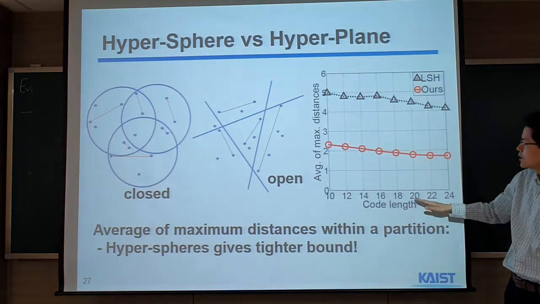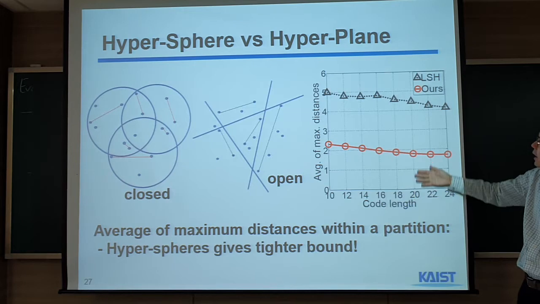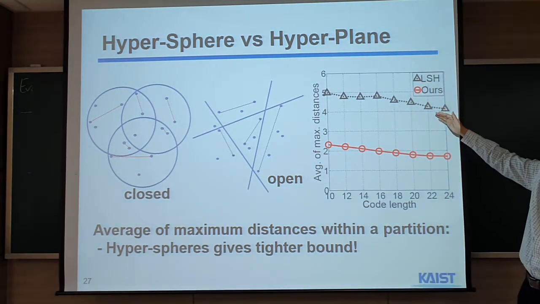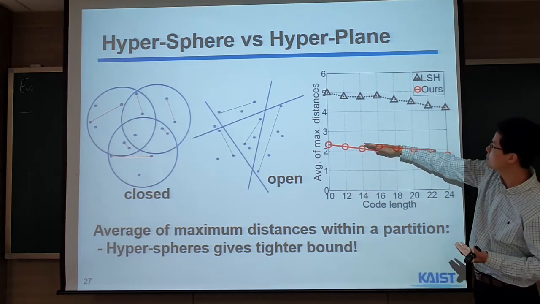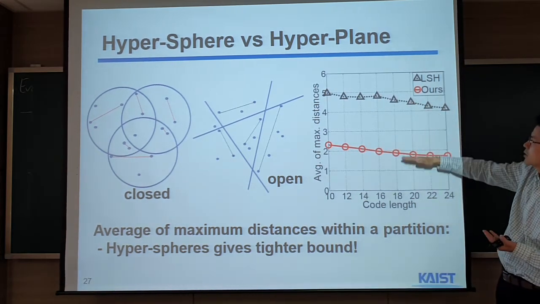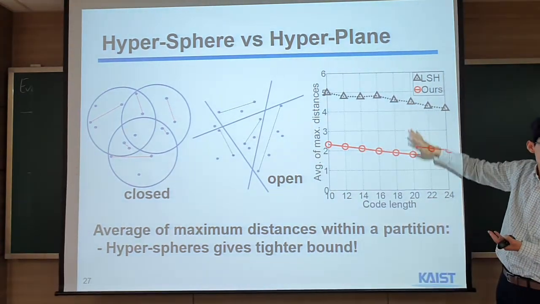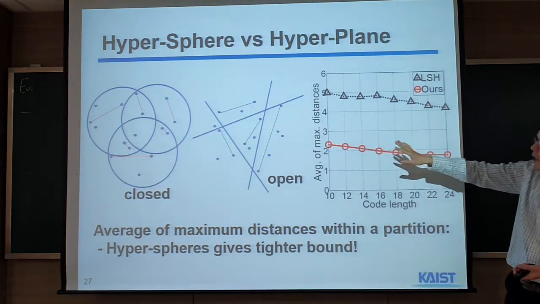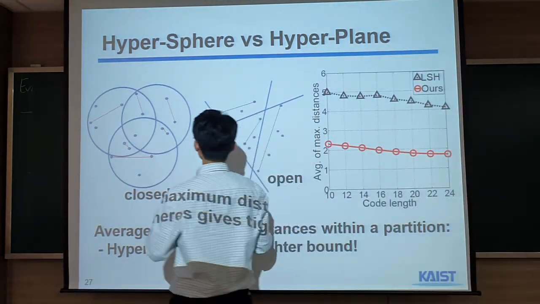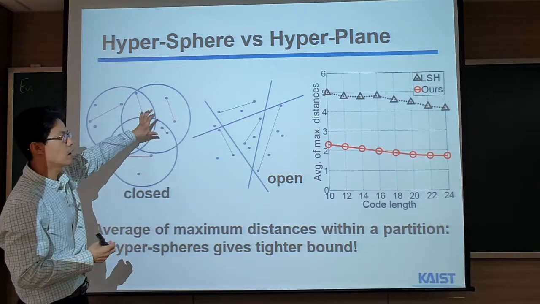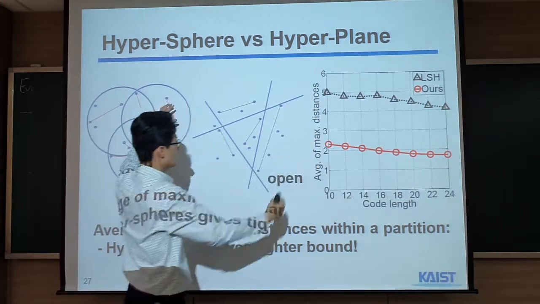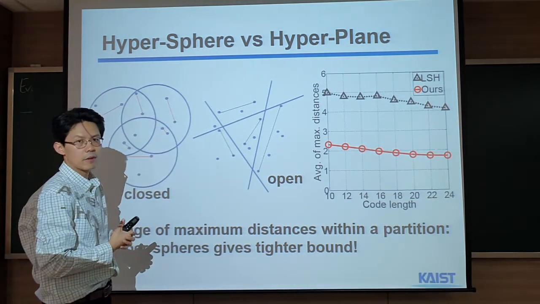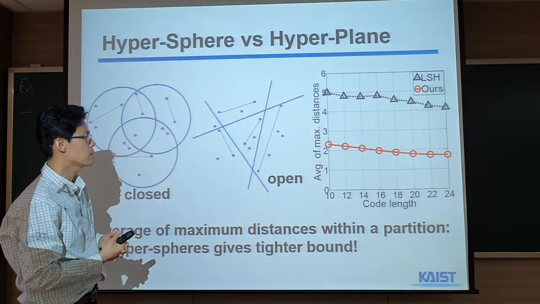As you can see, as we use more bits, their distance goes down. But with hypersphere, the average of the maximum distance is much lower than that, right? It means that by using hypersphere, we only assign data which are much closer, compared to the prior approach, the same bit value. So that's the main benefit.